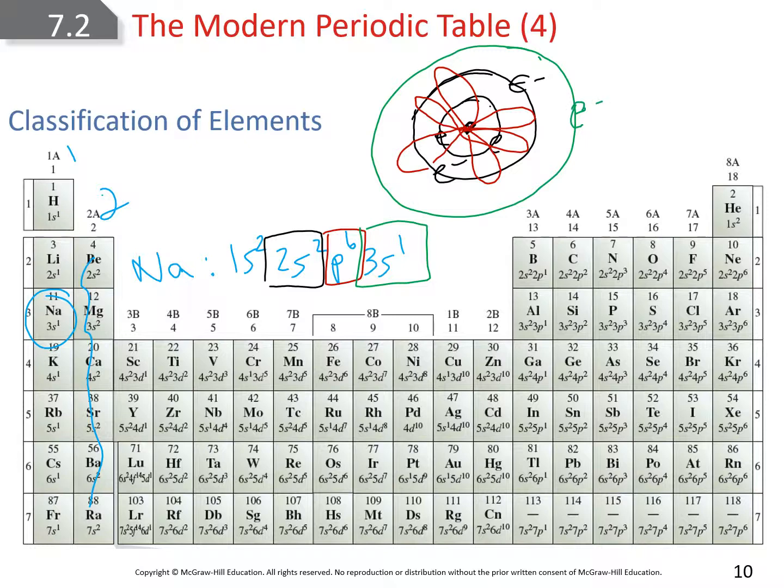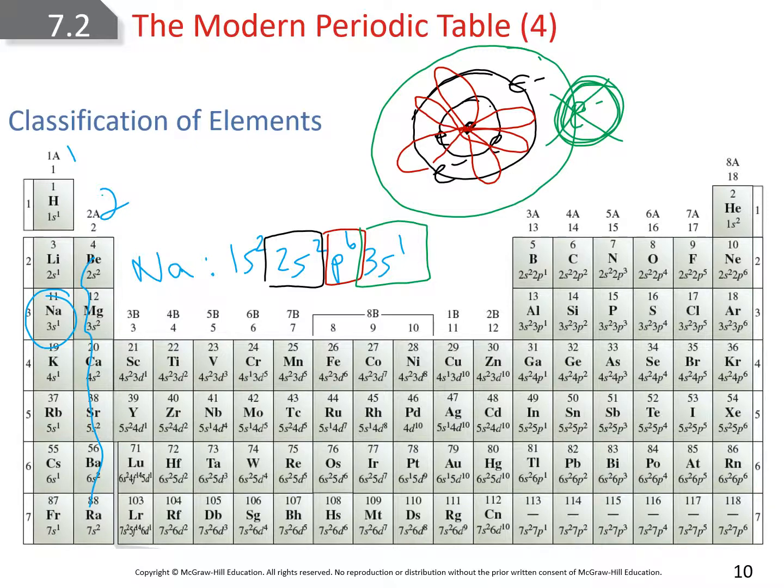If you remember from the last couple of lectures, sodium, when it becomes an ion, is going to lose 1 electron. This is the electron that's going to go away. It's going to be lost to some non-metal.